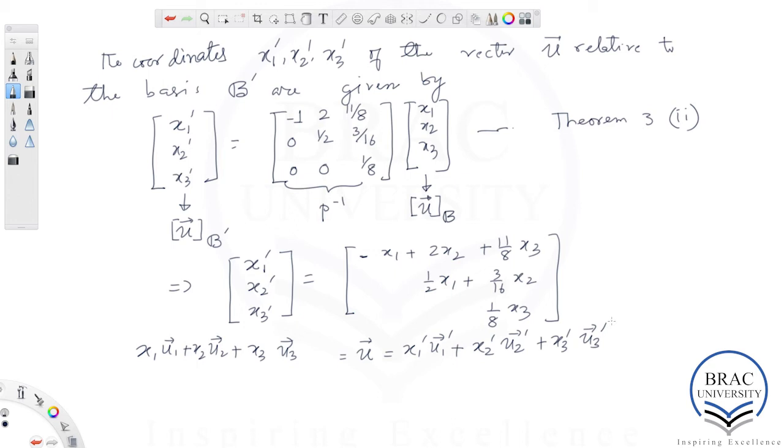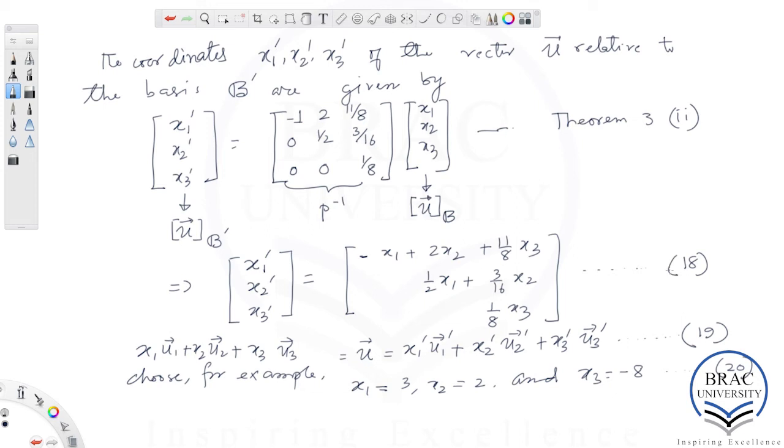And now choose for example x1 to be equal to 3, x2 to be equal to 2, and x3 to be equal to minus 8. Okay, let me number this equation by 19, and this equation by 20, and this equation by 18.